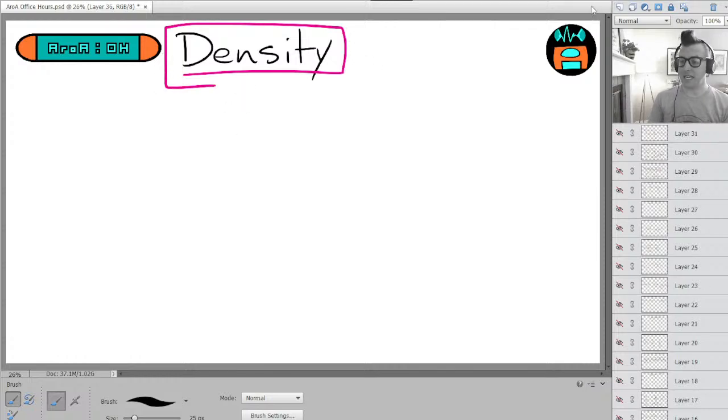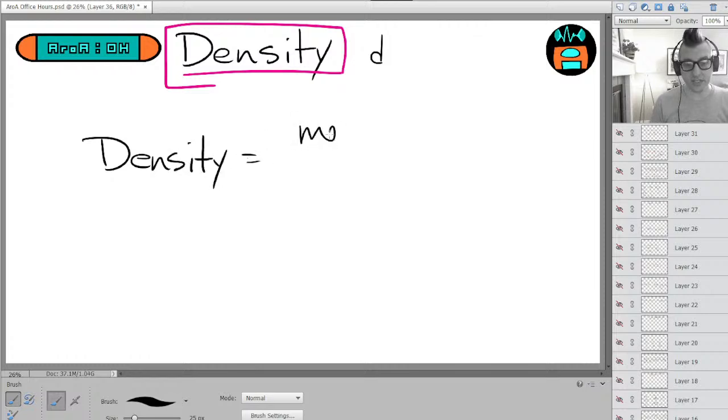All right, density is a ratio of mass to volume. Density, which is represented with a lowercase d, is equal to the mass of a substance divided by its volume.